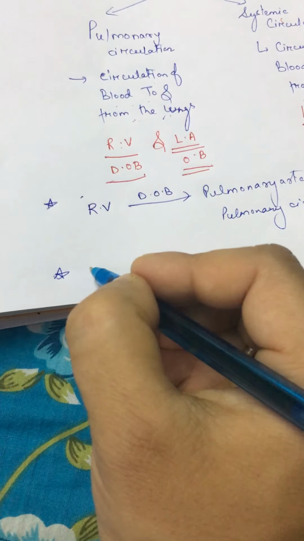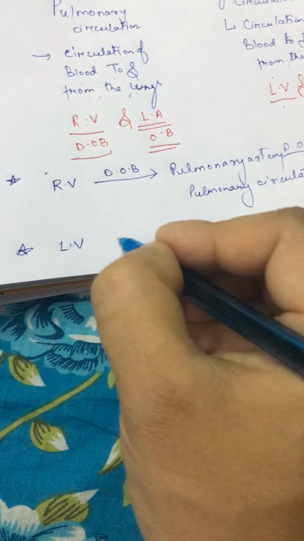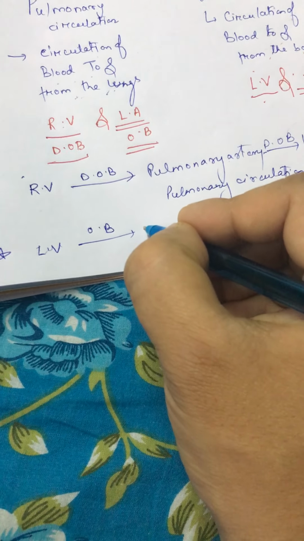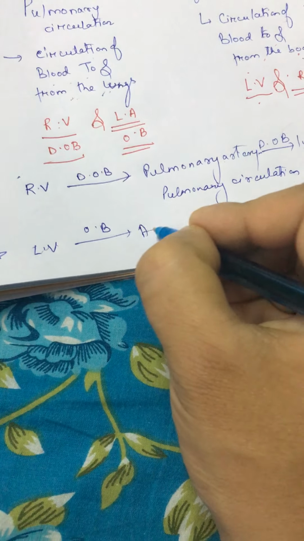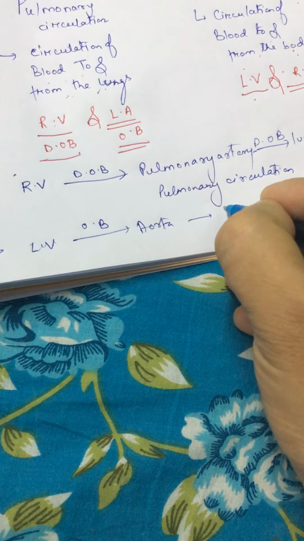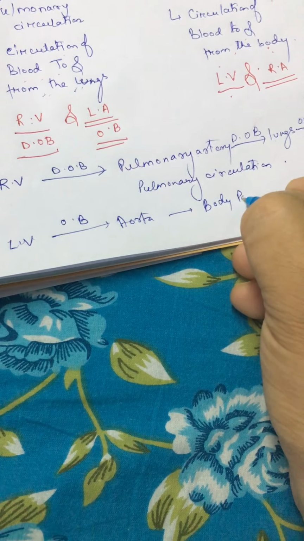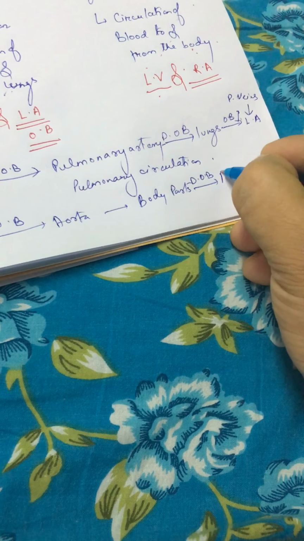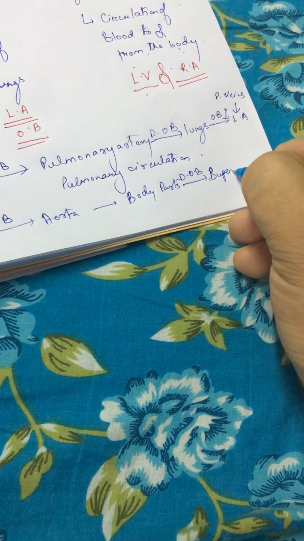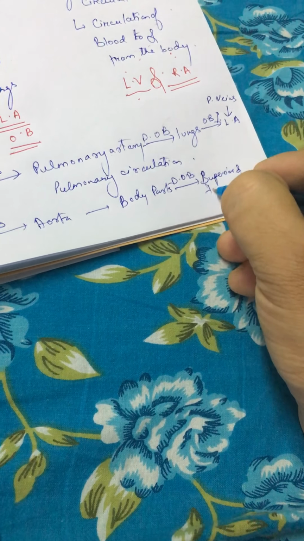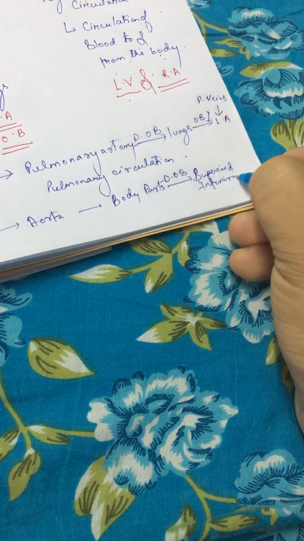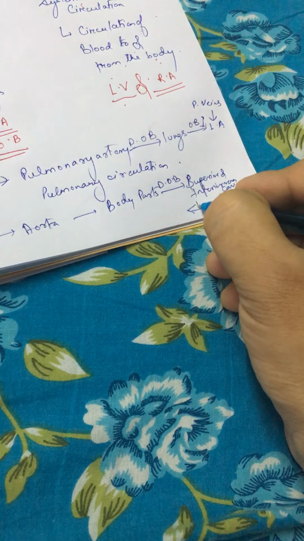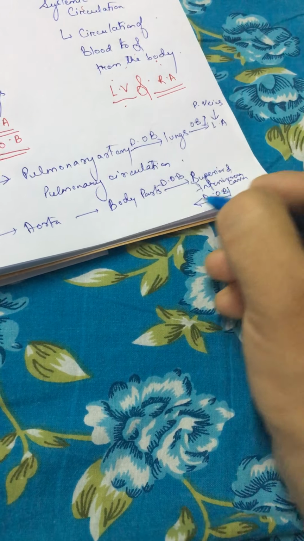Now you see, from the left ventricle, the OB blood will be pumped by the aorta to the body parts. And again from the body parts, the DOB blood will be brought by the superior and inferior vena cava to which chamber of the heart?